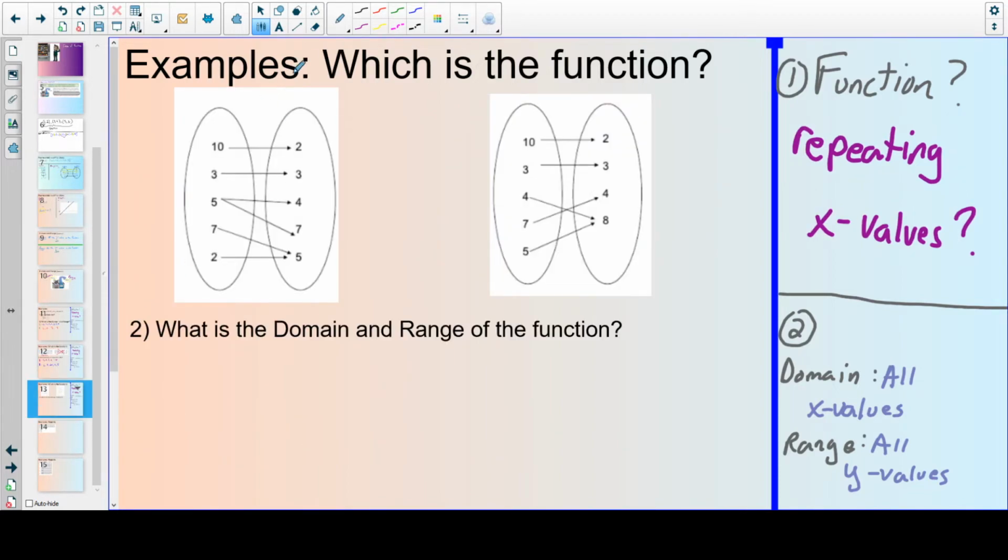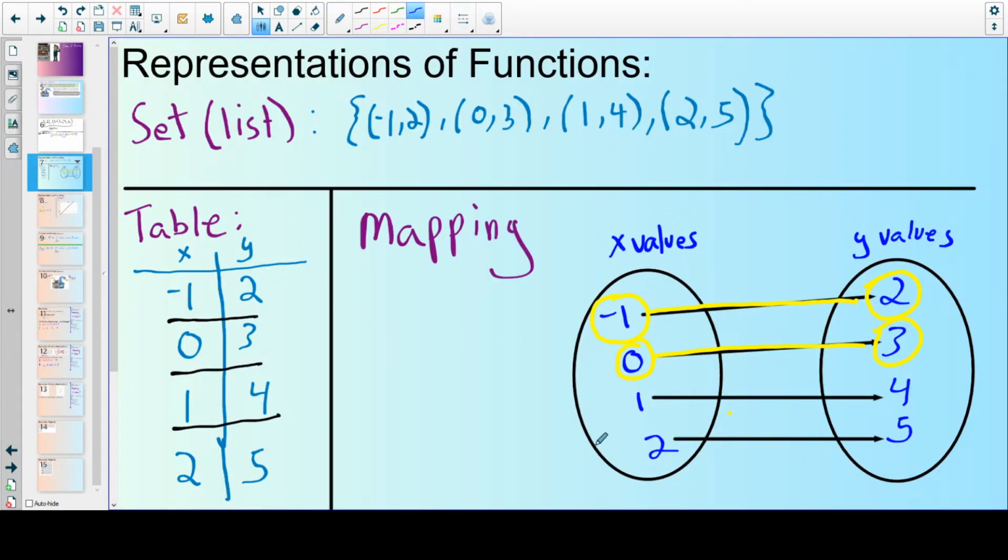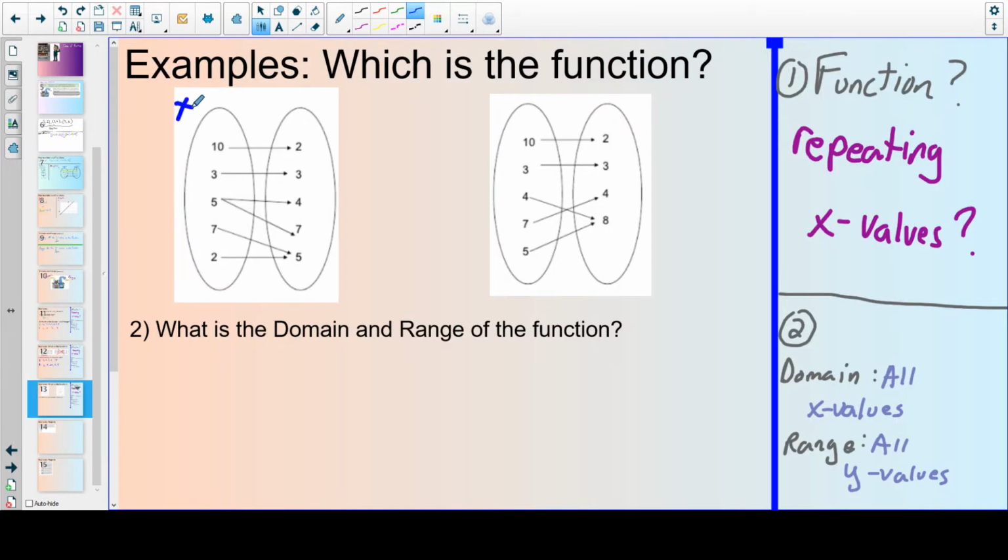Here's a mapping. So recall from before, the left side are all the x values and the right side is all the y values. So I'm going to label it. Here are my x's, here are my y's. So let's look at all the x values. So 10 is being mapped to 2. 3 is being mapped to 3. 5 is being mapped to both 4 and 7.